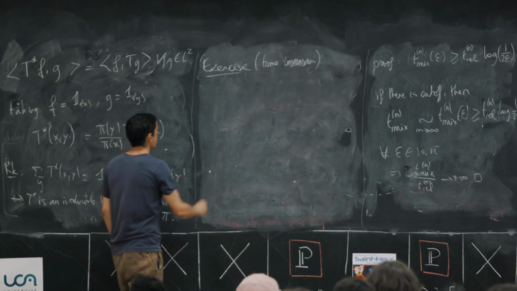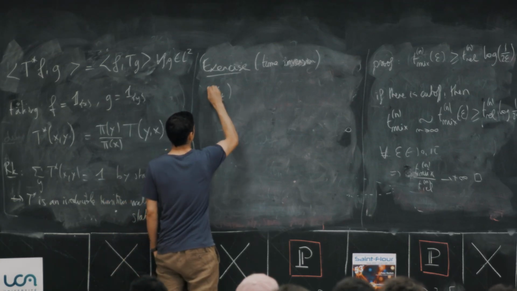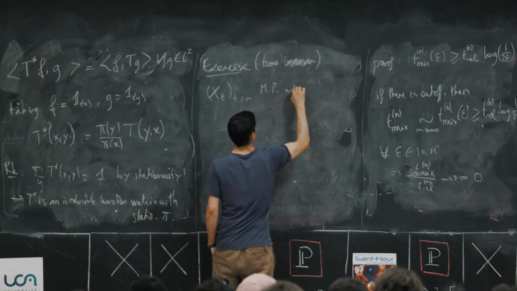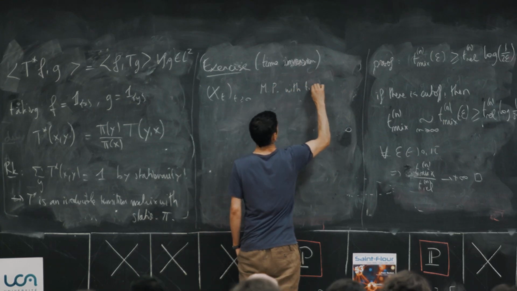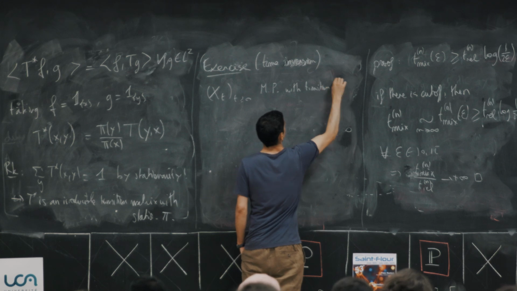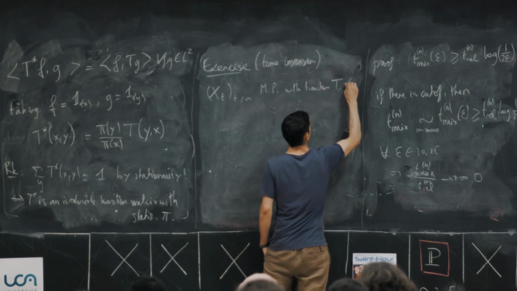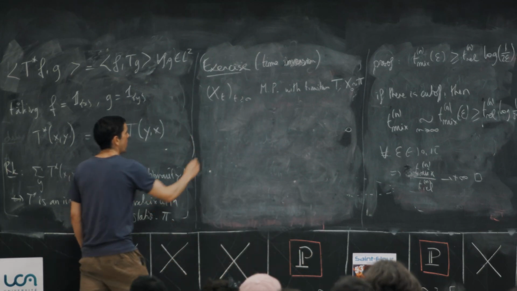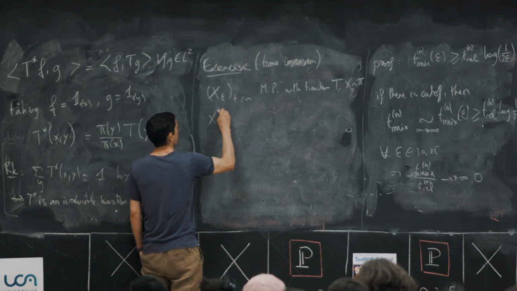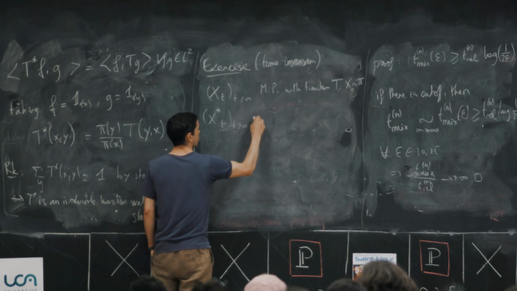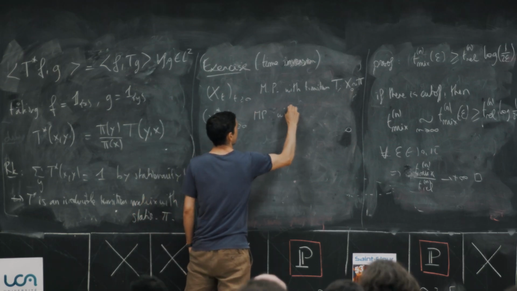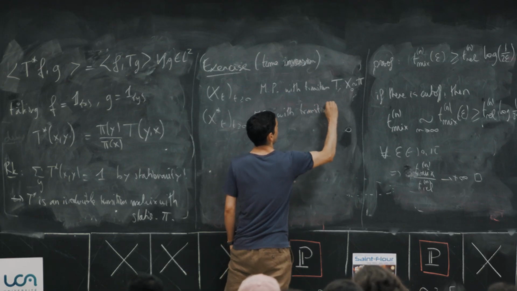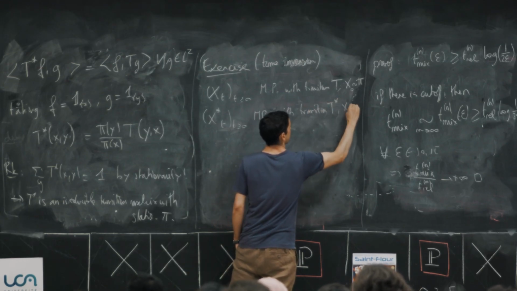So the exercise is that if you take a Markov process with transition T, and you start from stationarity, so X0 distributed according to pi, and now you compare it to the dual version, which is another Markov process with transition T star, also starting from stationarity.